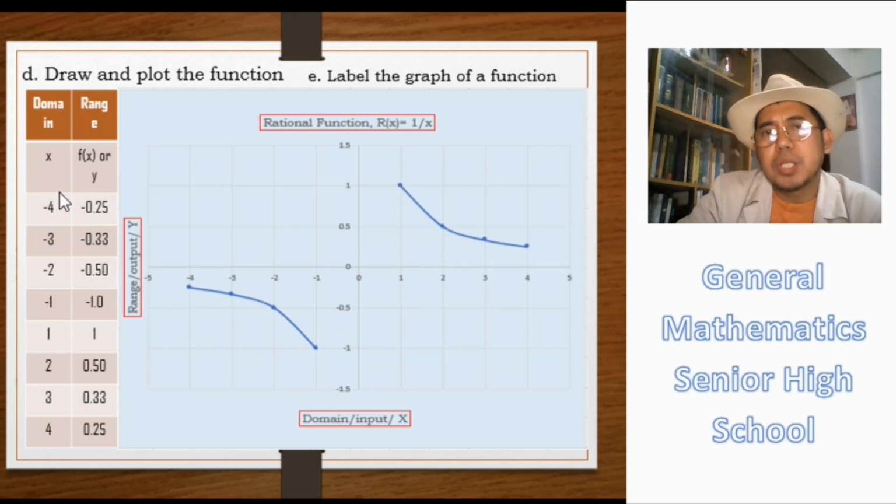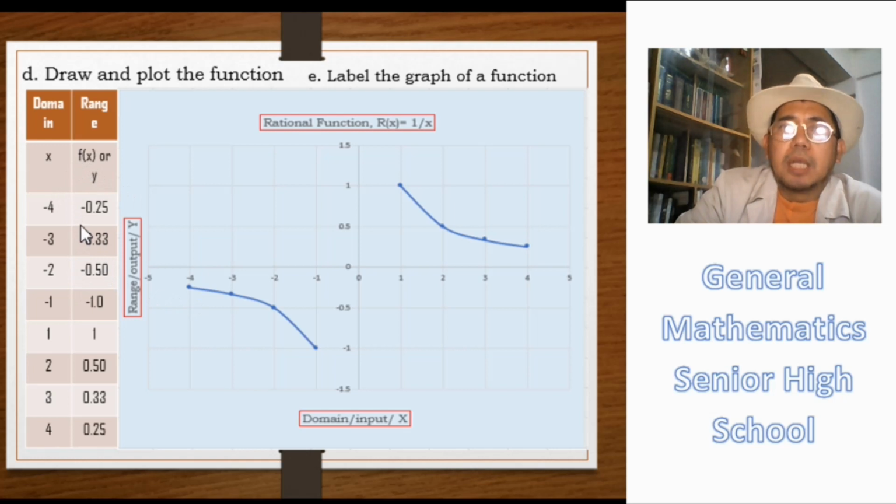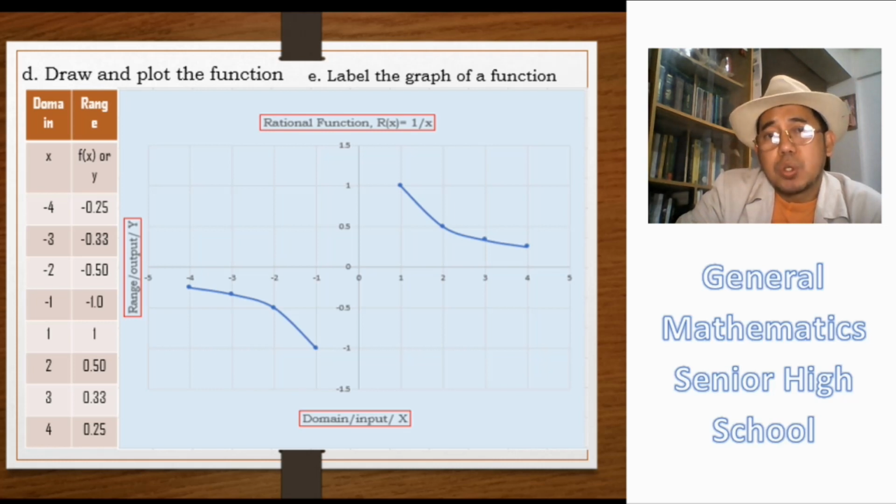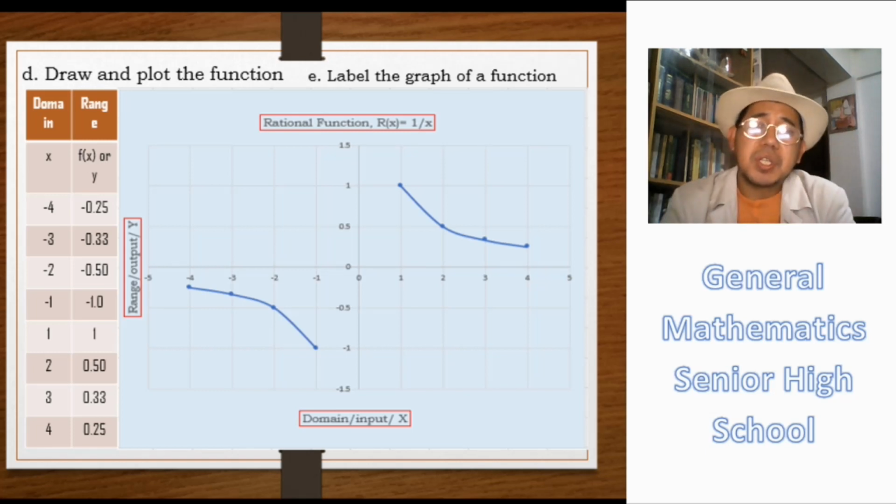Because as you can see, the possible values of the domain are divided into two groups, divided by the value of x which is not considered to be in the domain, that is 0.